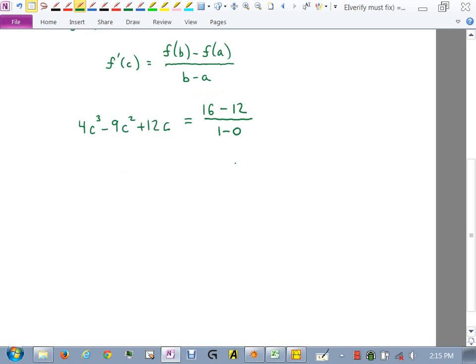Is that right? 4. Which is 4c cubed minus 9c squared plus 12c minus 4 equals 0. So I moved everything over to one side.